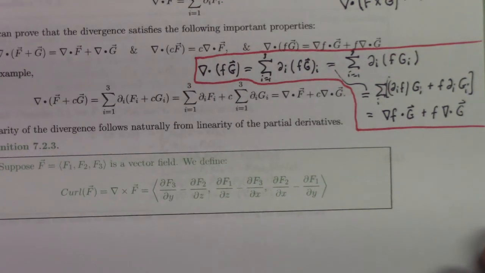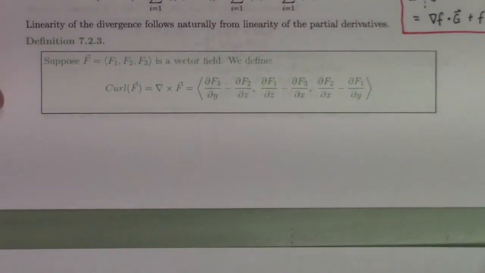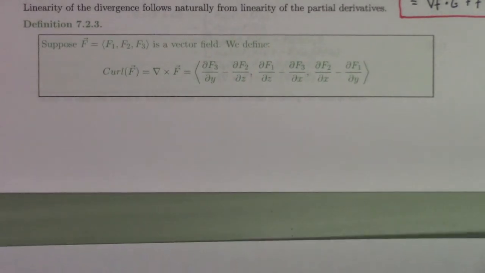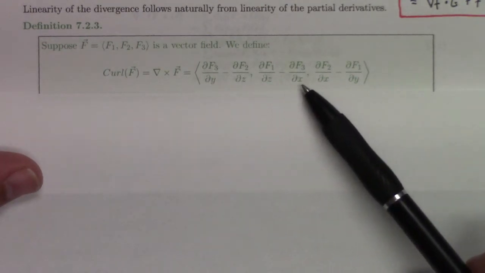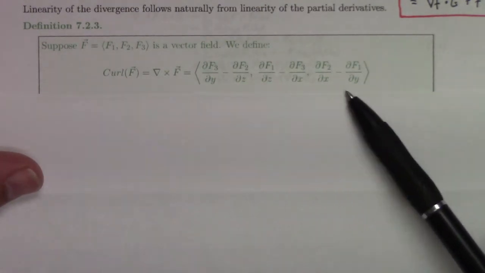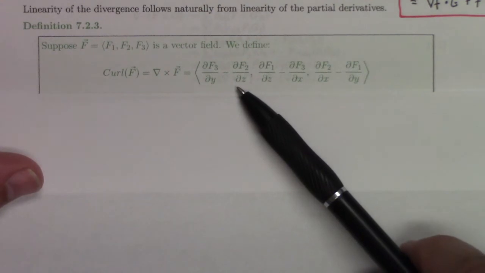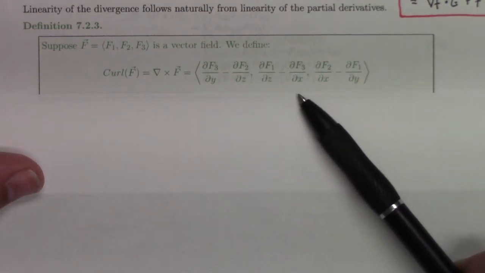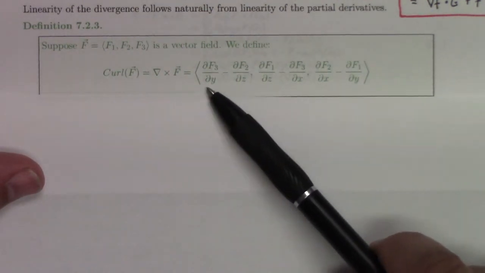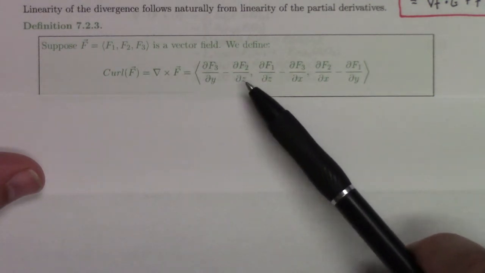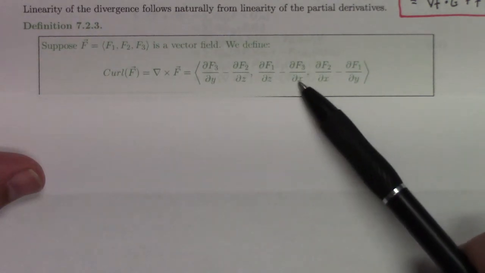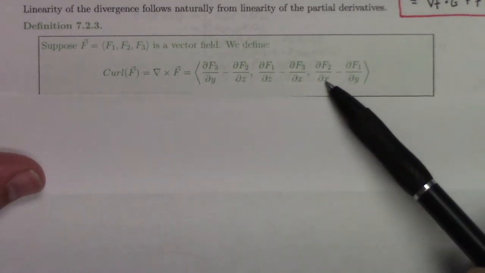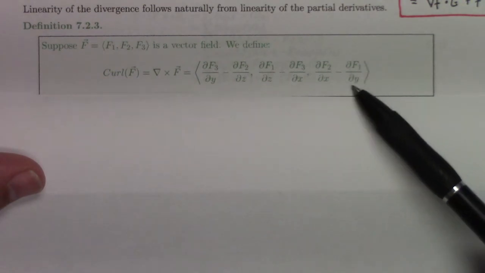All right, and so next up, of course, we can take the curl of the gradient operator with a vector field. Curl f is nabla cross f, which is this combination of six partial derivatives: the z component with respect to y minus the y component with respect to z, the x component with respect to z minus the z component with respect to x, the y component with respect to x minus the x component with respect to y.